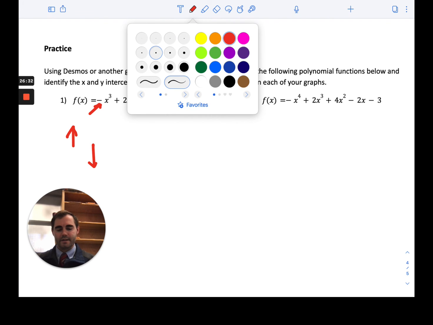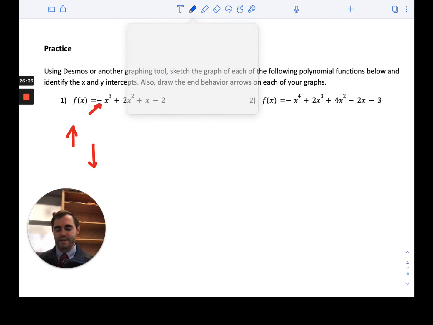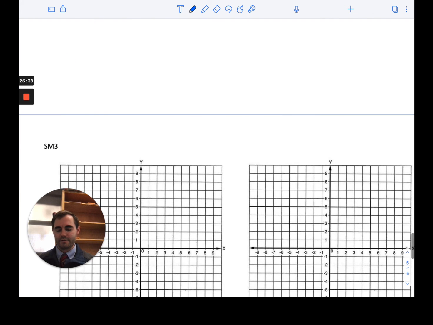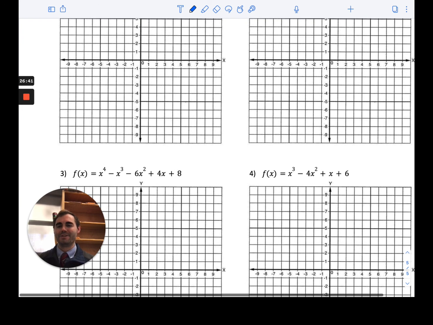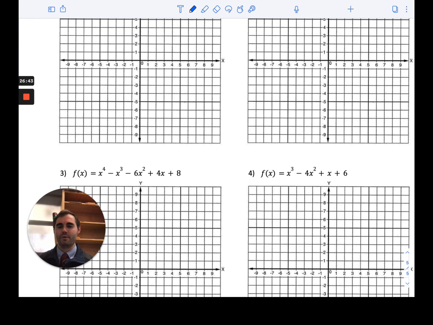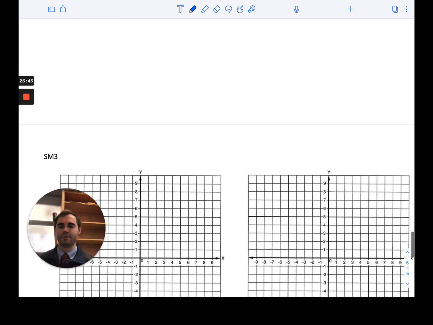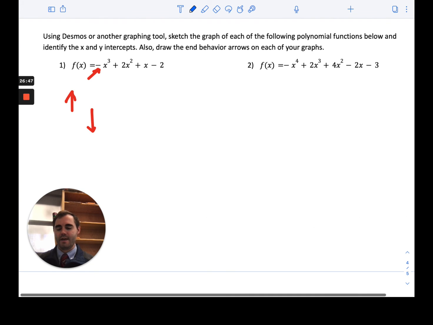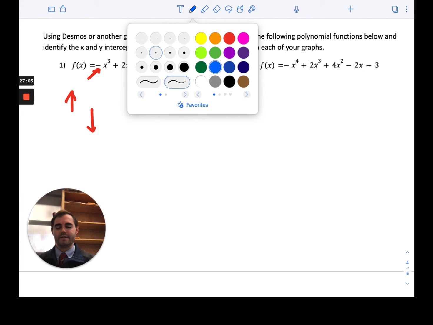Let me use blue. Oh, and I think also with these, let me check because I wonder if these got messed up with the printing. You're also supposed to actually graph these. You can use Desmos or a similar graphing tool to figure out what the graph is. But let me just show you. With your graphs, you'd want to make sure you draw arrows on the ends of the graph to show it's going off towards that end. You might also want to write down what the end behavior is.